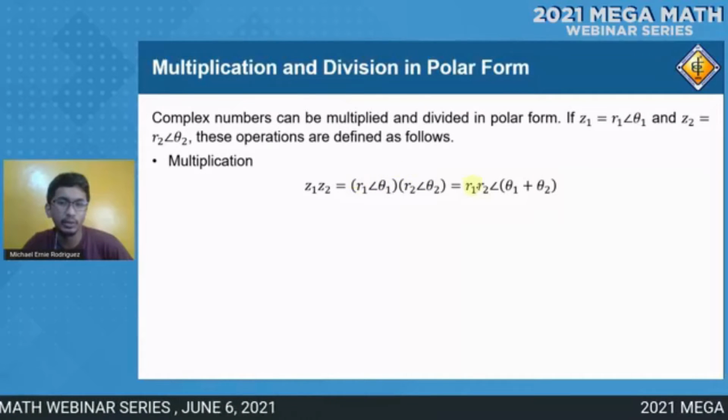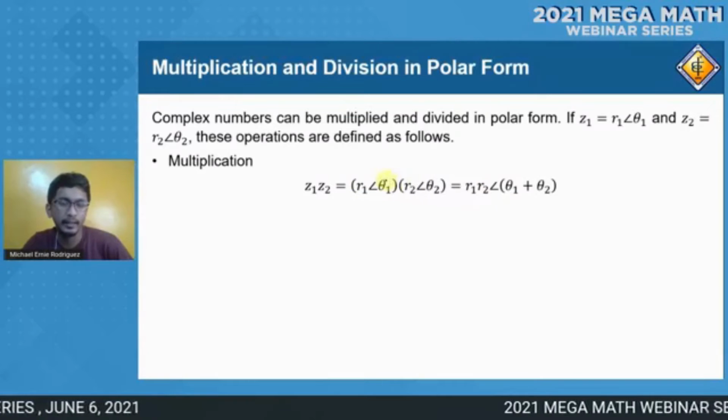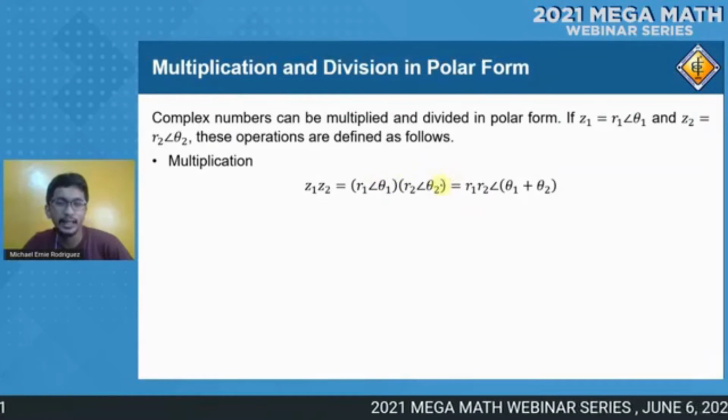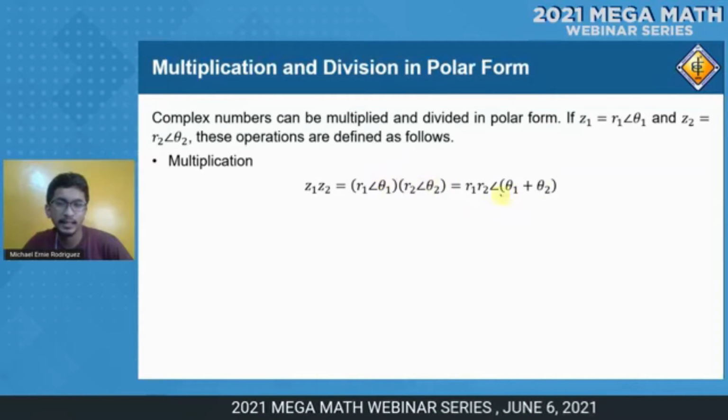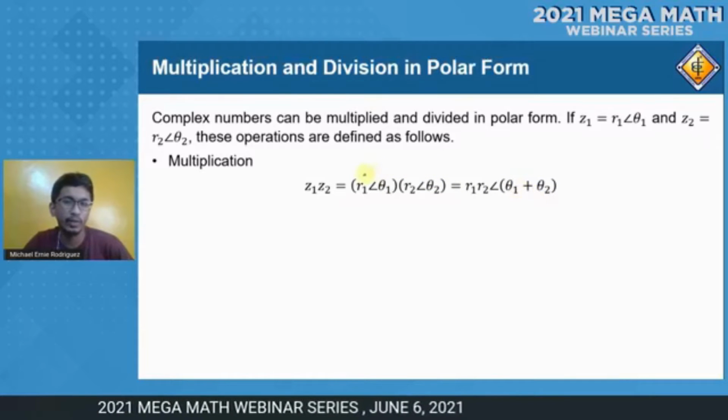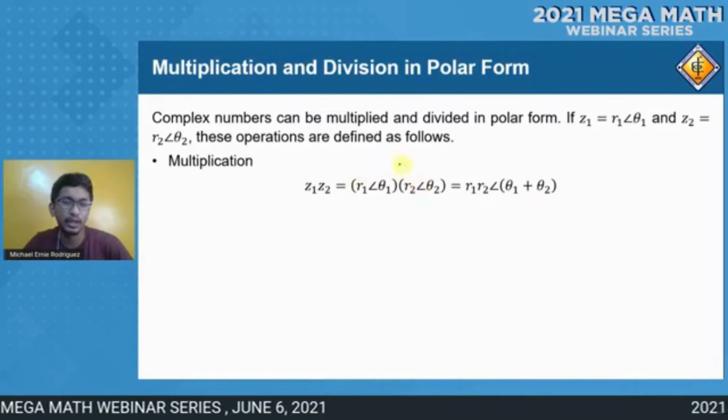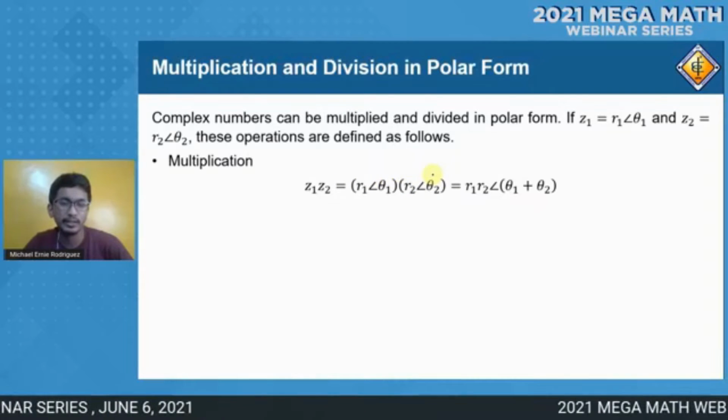So, R1 R2 bar angle, yung argument is i-add lang natin. So, we have theta 1 plus theta 2. So, again, we multiply yung ating modulus and then i-add lang yung arguments.